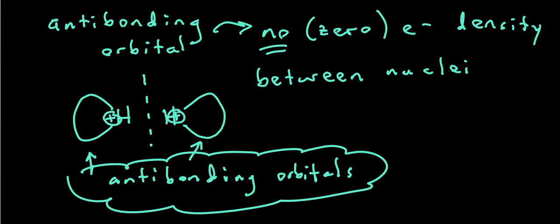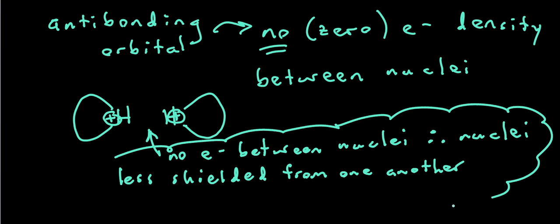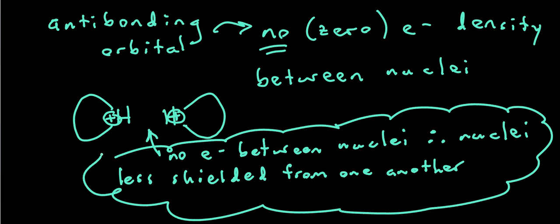And we can see right in this area between the atoms, there's zero electron density that would occur with our anti-bonding orbitals. This area is often referred to as a node, or a region where we have no electron density. What occurs in this situation then is because we have no electron density between the nuclei, the positive charges of the nuclei are then less shielded from one another.